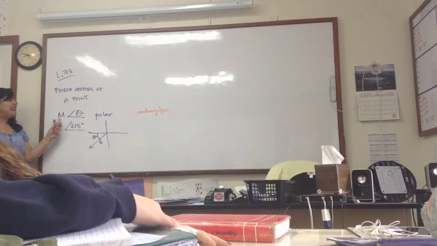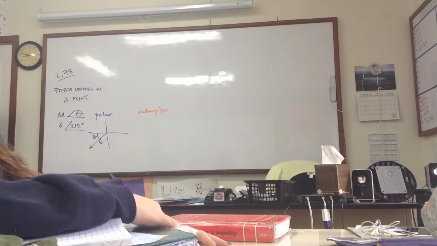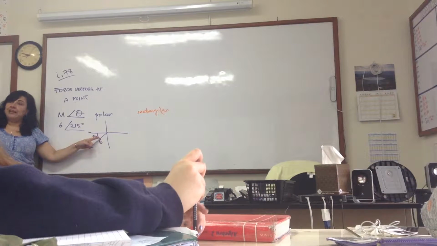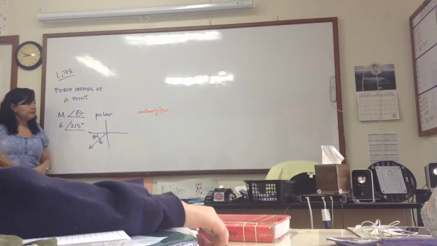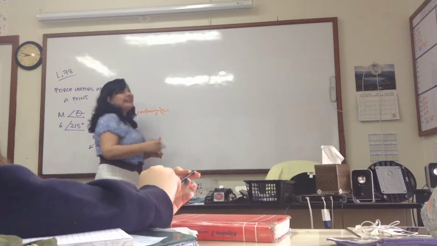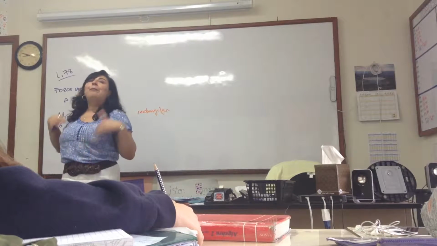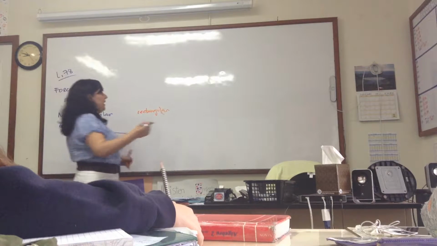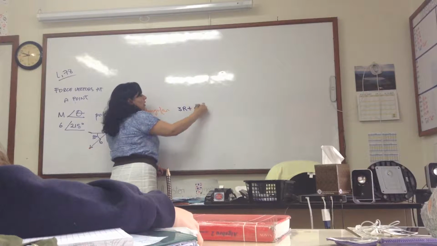And remember that this is a way of telling you how to get to this point, right? Because you go 215, which you start counting from here, and then you go 6 this way until you get to this. With rectangular, you are going to get to the same point, but they give it to you in a different way. So they tell you, for example, it's going to be 3 to the right plus 4 up.